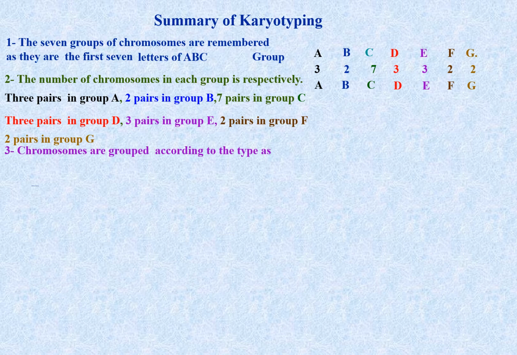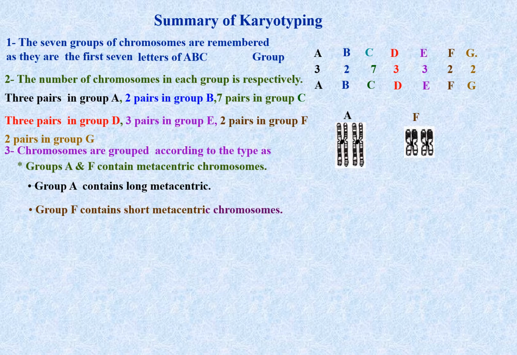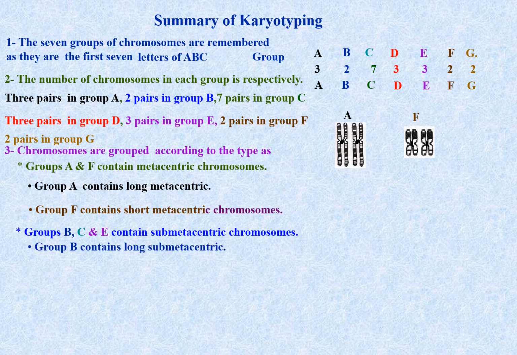Chromosomes are grouped according to the types. Groups A and F contain metacentric chromosomes. Group A contains long, while Group F contains short metacentric chromosomes. Groups B, C, and E contain submetacentric chromosomes.